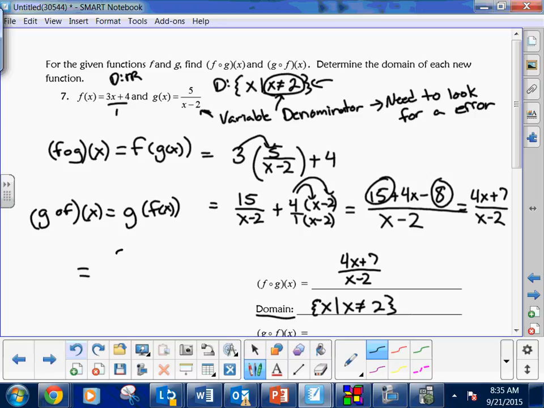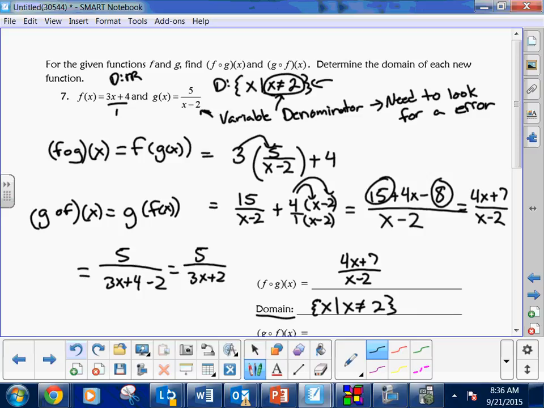And all I'm going to do is 5, and then I'm going to have 3x plus 4 minus 2. Now there's a parentheses there, but since there's nothing around there, I'm just going to go ahead and not write it in. And I'll end up with this, 5 over 3x plus 2.